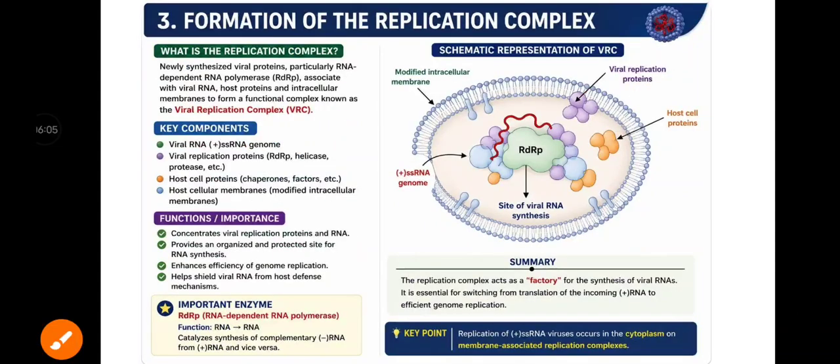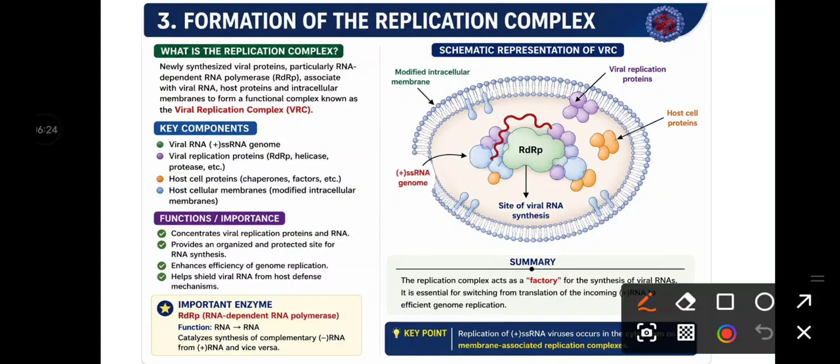Next step is formation of the replication complex. See, the virus can't rely only on host enzymes, so it will first synthesize whatever enzymes and proteins it requires. The major thing it produces is the RNA dependent RNA polymerase, which is the central component. The basic thing is the virus is just a nucleoprotein structure.